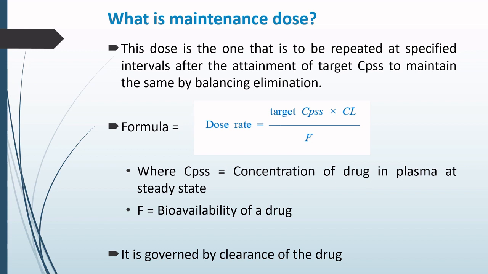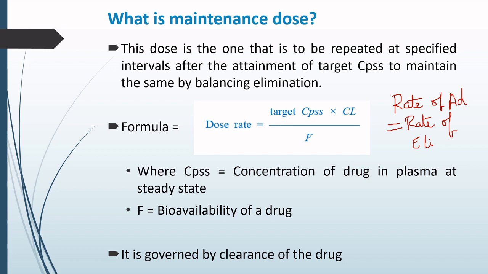So basically, in a nutshell, what we are doing for maintenance dose is balancing the rate of administration of a drug to the rate of elimination, so that a constant amount of drug is present in the plasma. The formula for this is the target CPSS into clearance divided by the bioavailability.